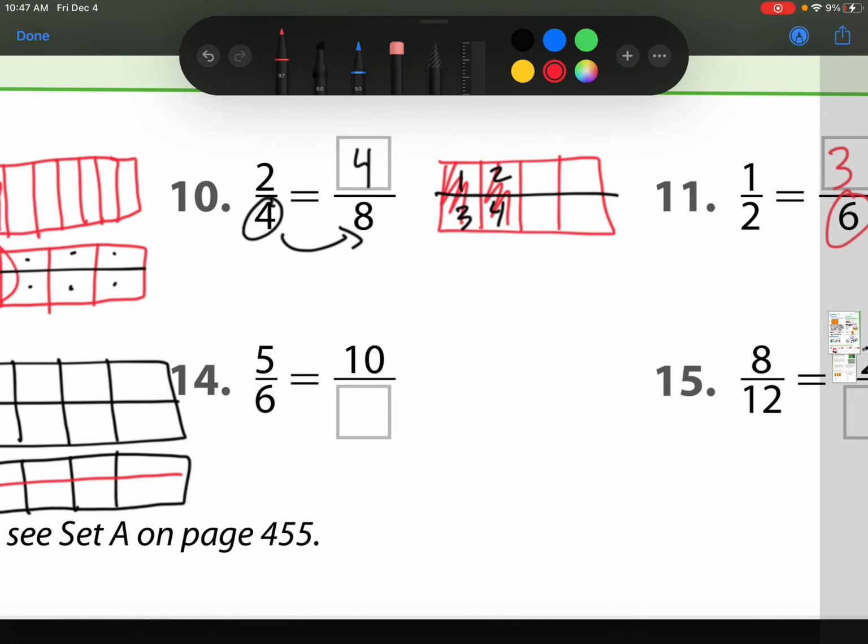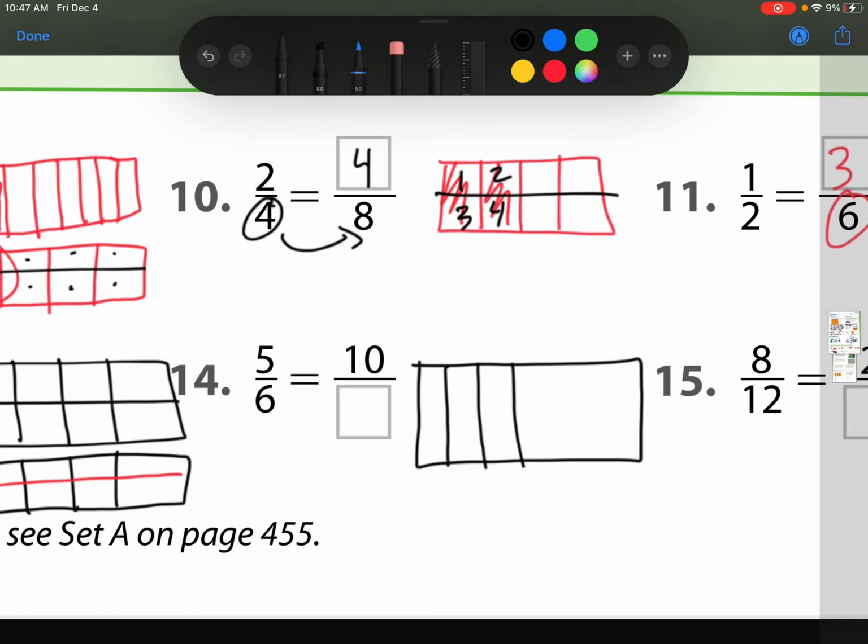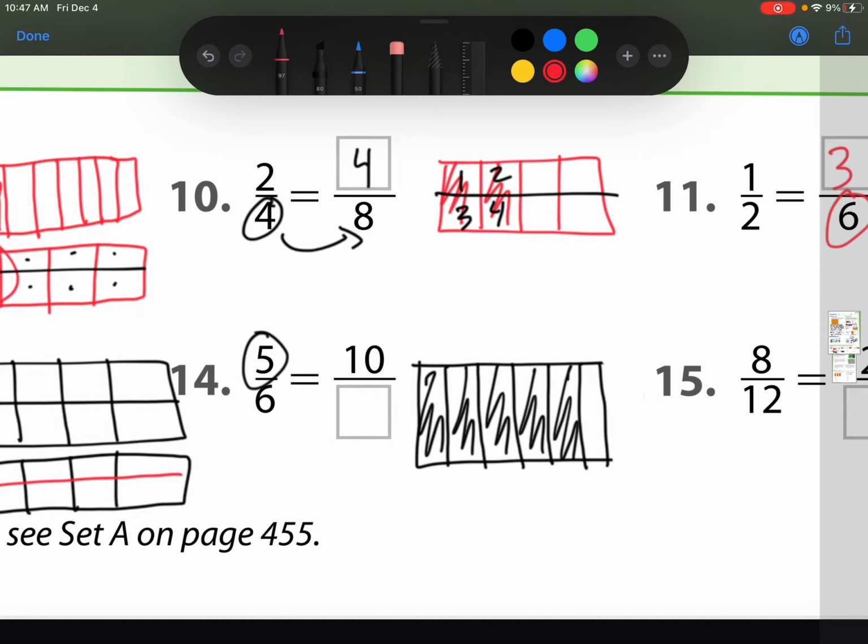Okay, heading off to number 14. We have 5/6 here. So we need to have 6 pieces, 1, 2, 3, 4, 5. And this last one looks like it's going to be a little big, so I'm just going to shorten it. 6 pieces, and we have 5 shaded in. So that's 1, 2, 3, 4, 5. And now notice, we need to have 10 total shaded pieces.